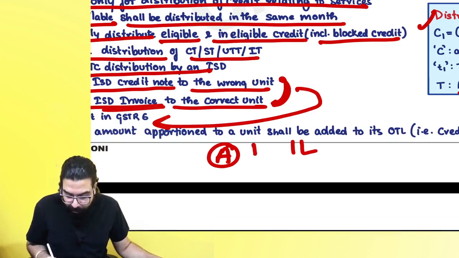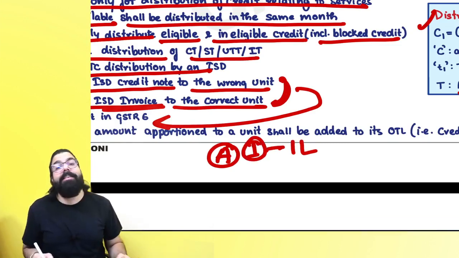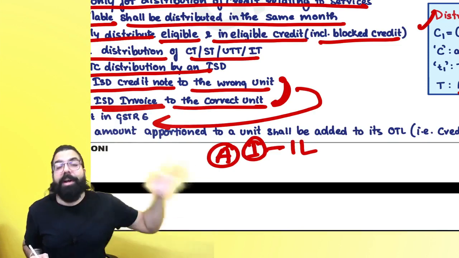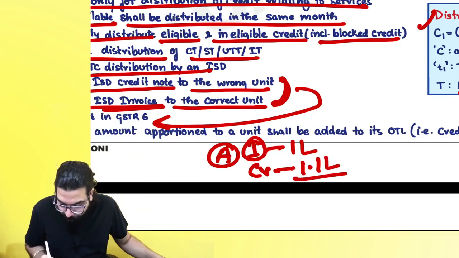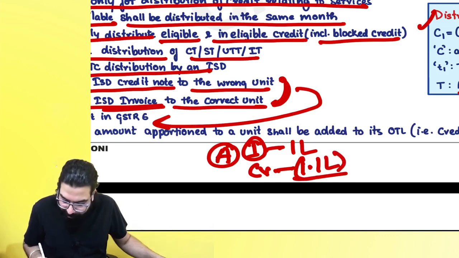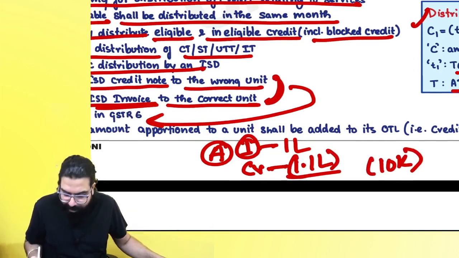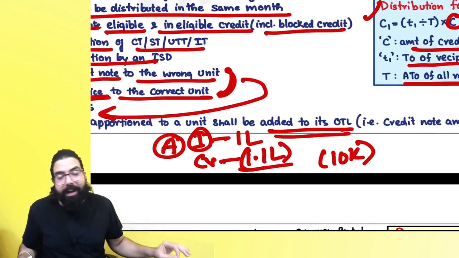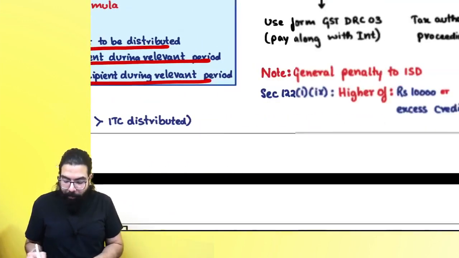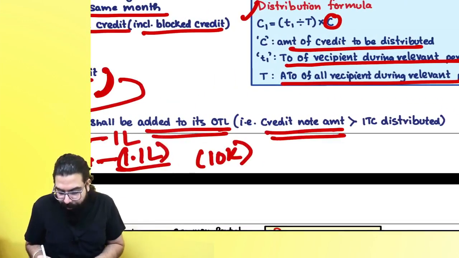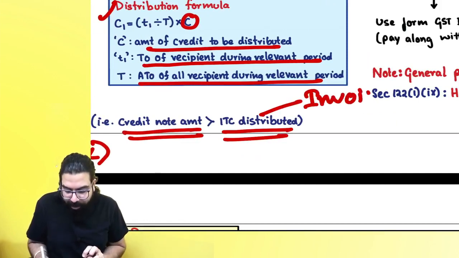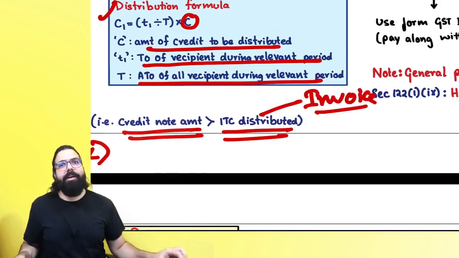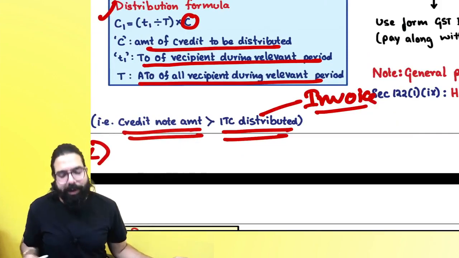But the ISD also issued branch A a credit note, and the credit note showed 1.1 lakh rupees. Then it is negative 10,000 rupees, and this negative 10,000 will be added to the output tax liability of the branch. Always remember, if the credit note amount is more than the ITC distributed by the invoice, then the negative amount will always be added to the branch's output tax liability.